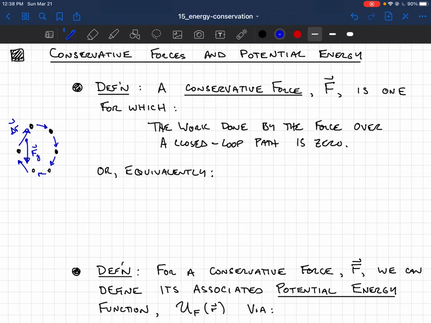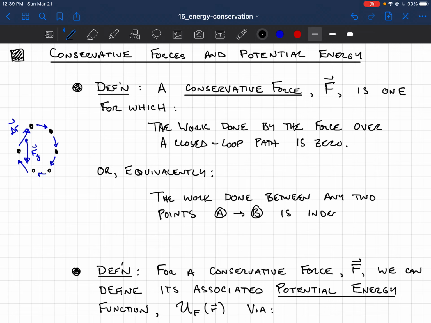And you could state this equivalently as: the work done between any two points, like from A to B, is independent of the path taken.